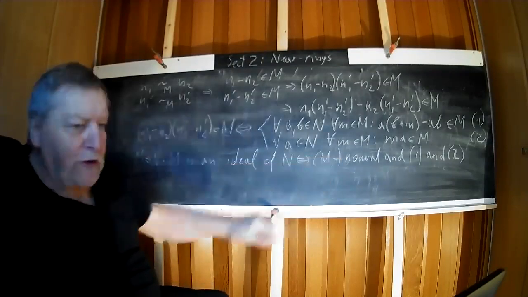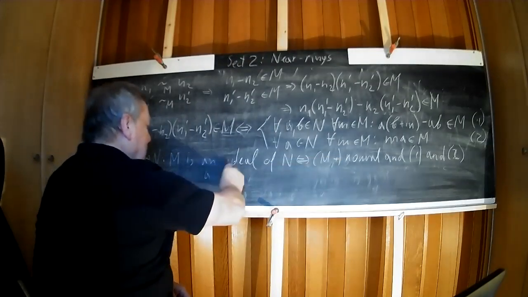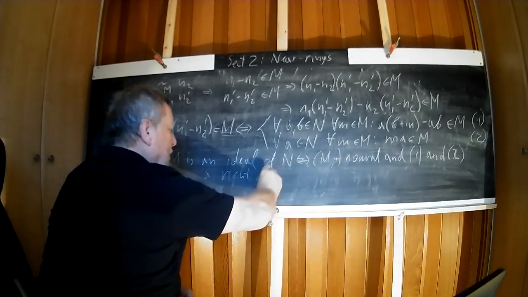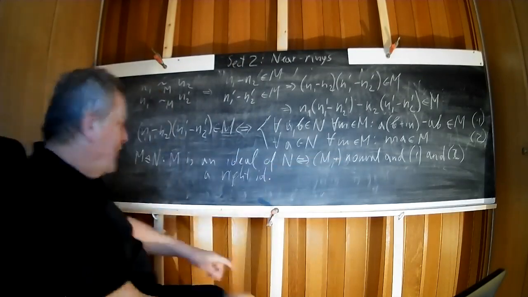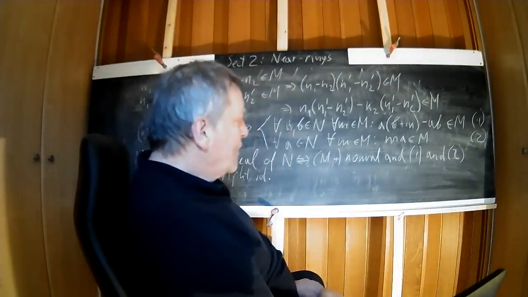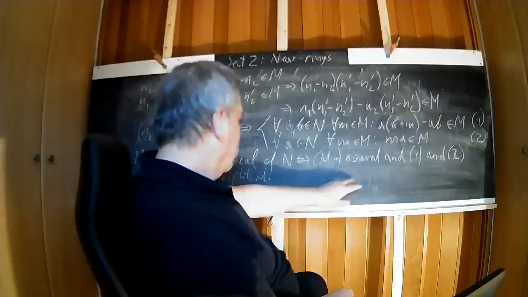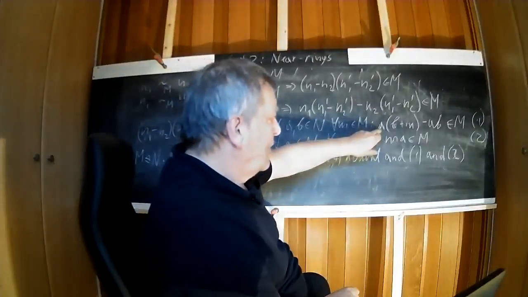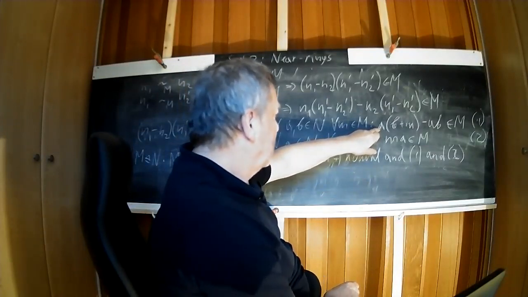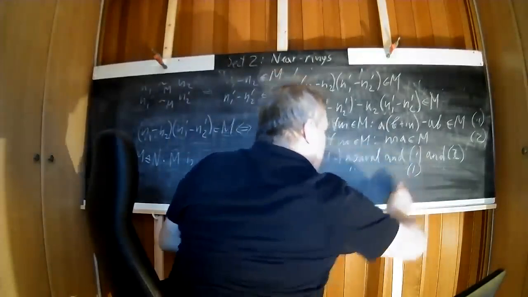If we only have 1 or 2, we call this a right ideal of N if and only if M plus is normal and we have condition 2.